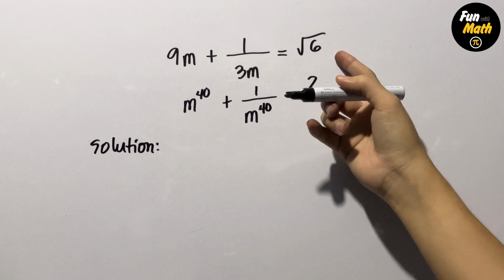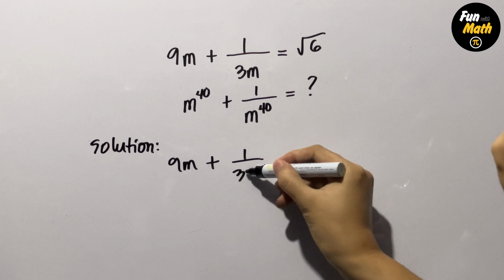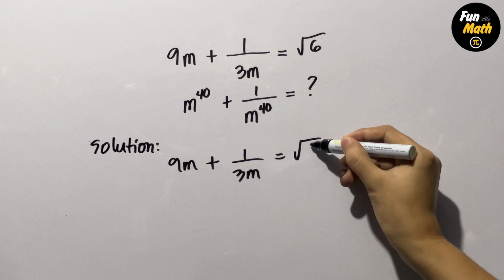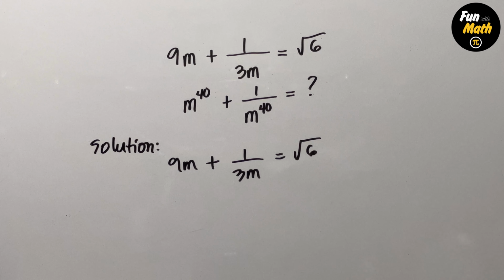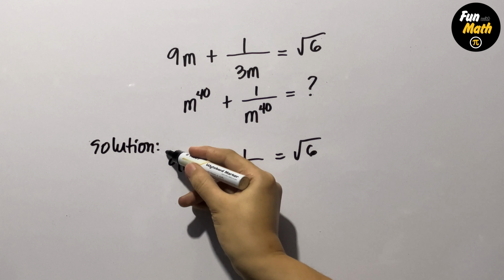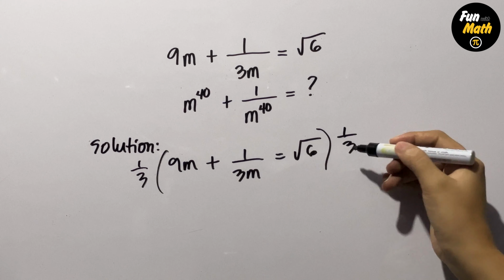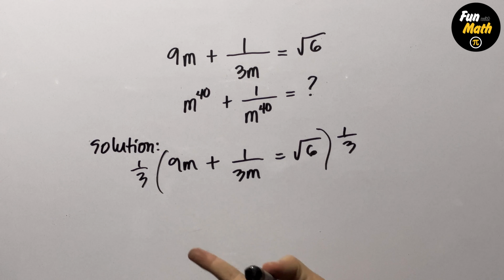First, let's bring down this equation. 9m plus 1 over 3m is equal to square root of 6. Now next, we can multiply both sides by 1 over 3. This is just a strategy.